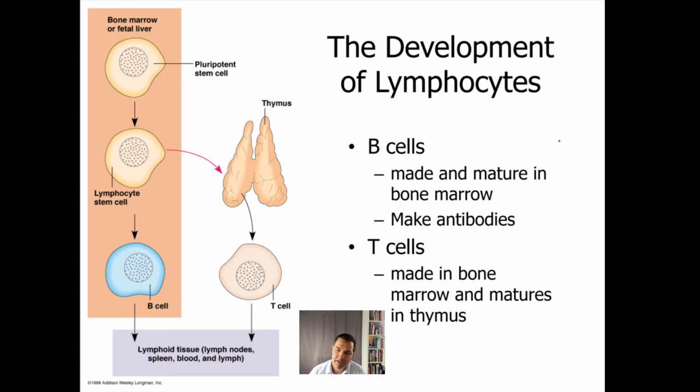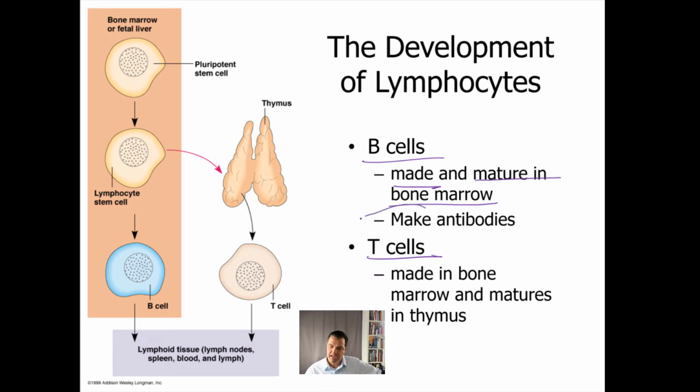They can come in two types, at least when we talk about them. They all start off in your bone marrow, in your arms and your legs and your hips and that kind of thing. There are B cells and there are T cells. The B cells are made and mature in the bone marrow, meaning they come out as a stem cell and then as a B cell ready to go.